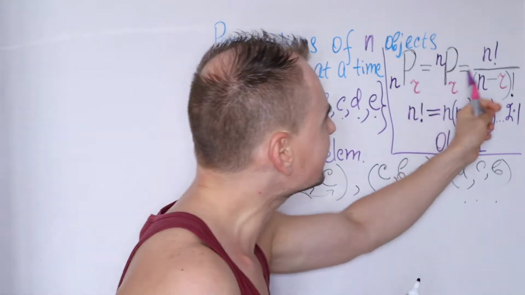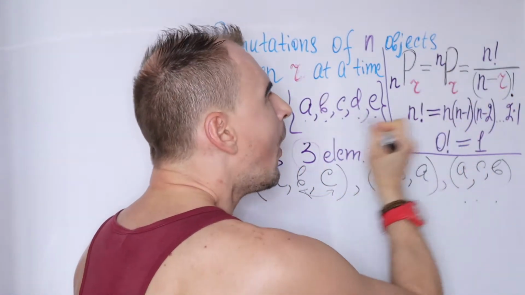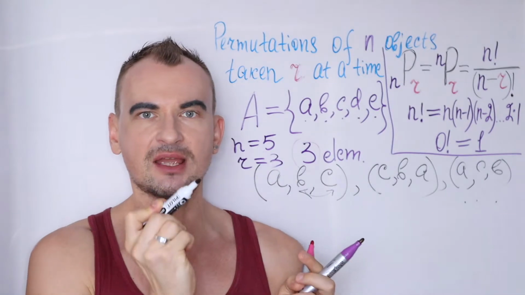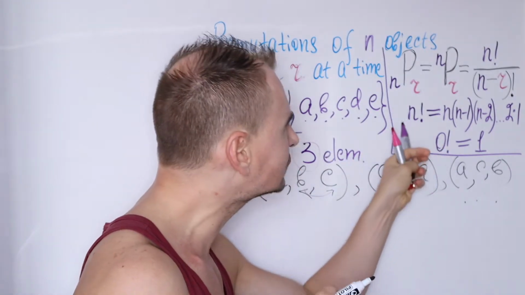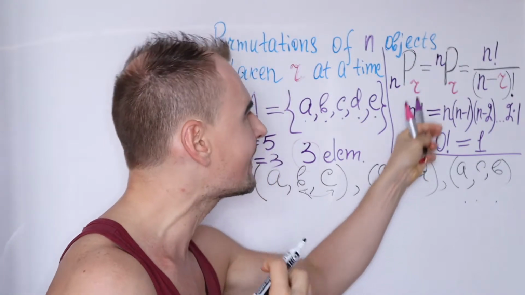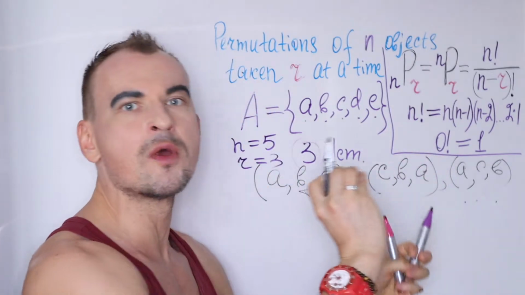All that means is N factorial on top, over the difference between N and R, factorial. And long story short, N factorial, denoted by N with an exclamation mark, stands for a long multiplication.